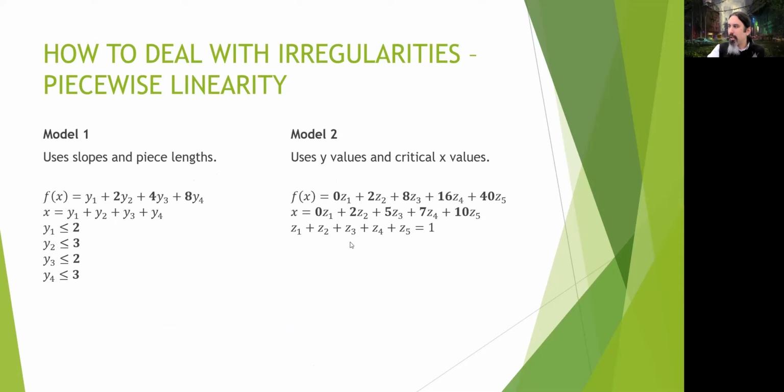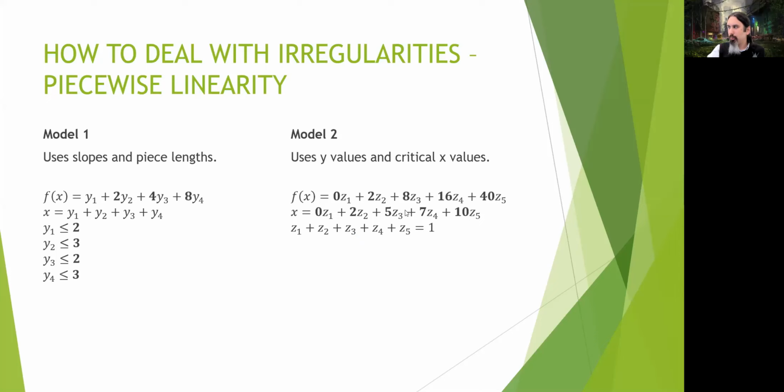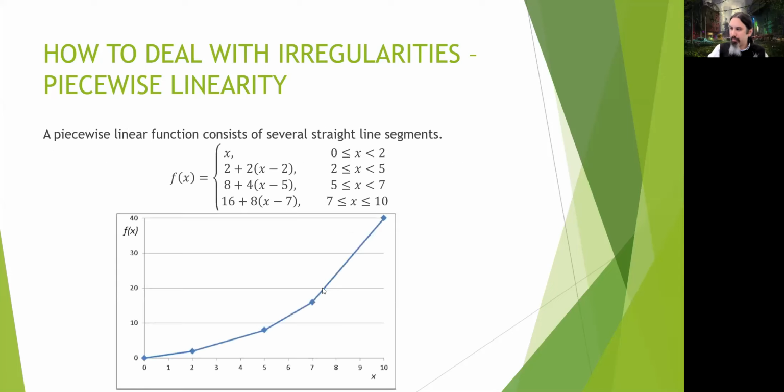For example, we can be at z5 equal to 1, which means that we are over here. But you can also be at z4 equal to 1/2 and z5 equal to 1/2. So it will be somewhere between those two values.